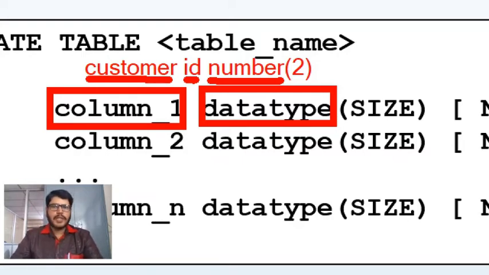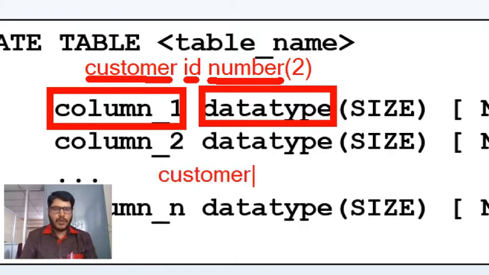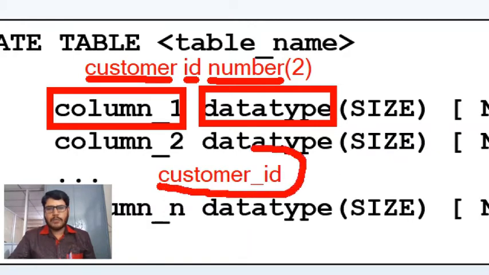So that's why while writing a table name, suppose I want to combine multiple words, then I have to use an underscore in between, so that it will consider this as entirely one column name. So this is how it will consider the column names.